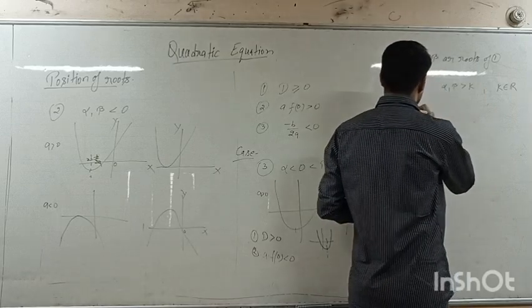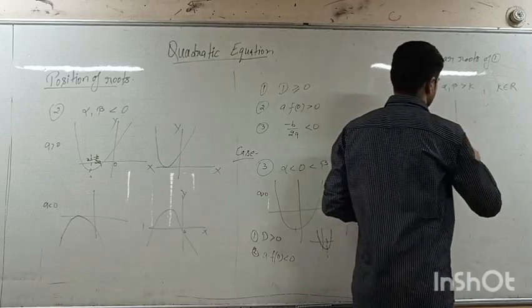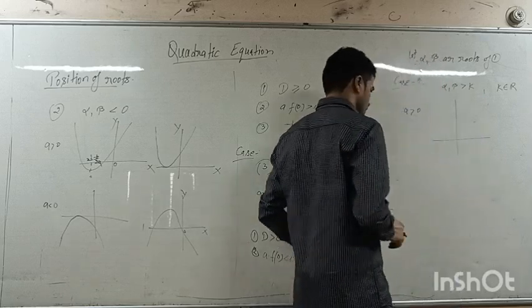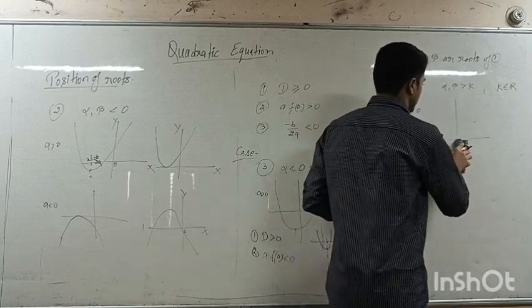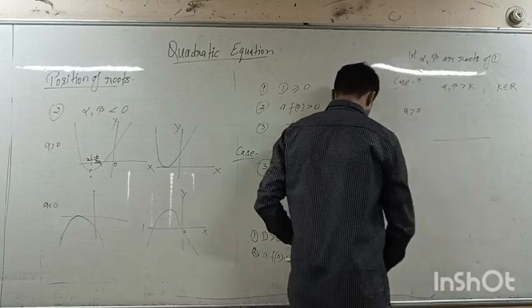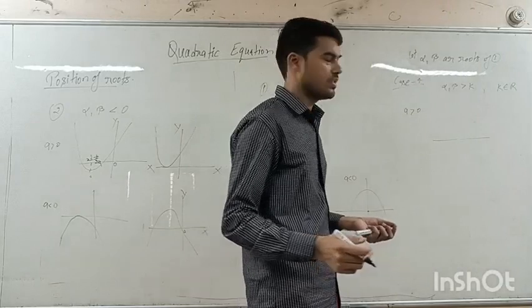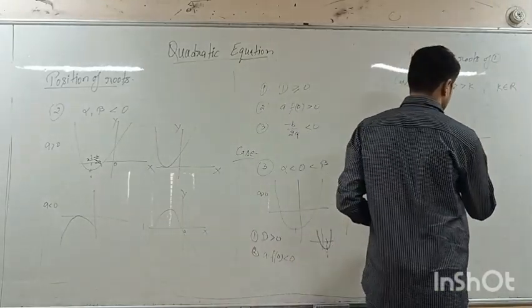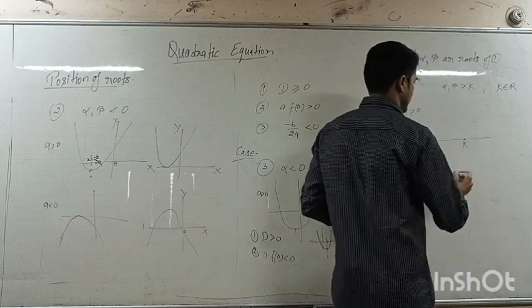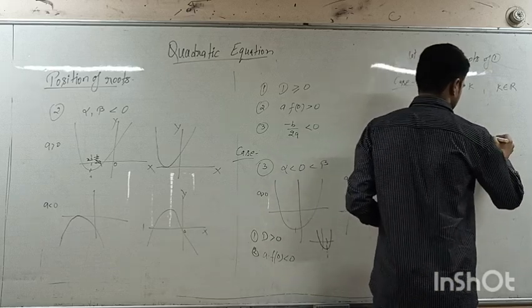So if a is greater than 0, actually we have no need to draw the horizon, because nothing is given about the horizon. It is just given about any k, and k can be positive or negative. Means k is here, that is on the x-axis.